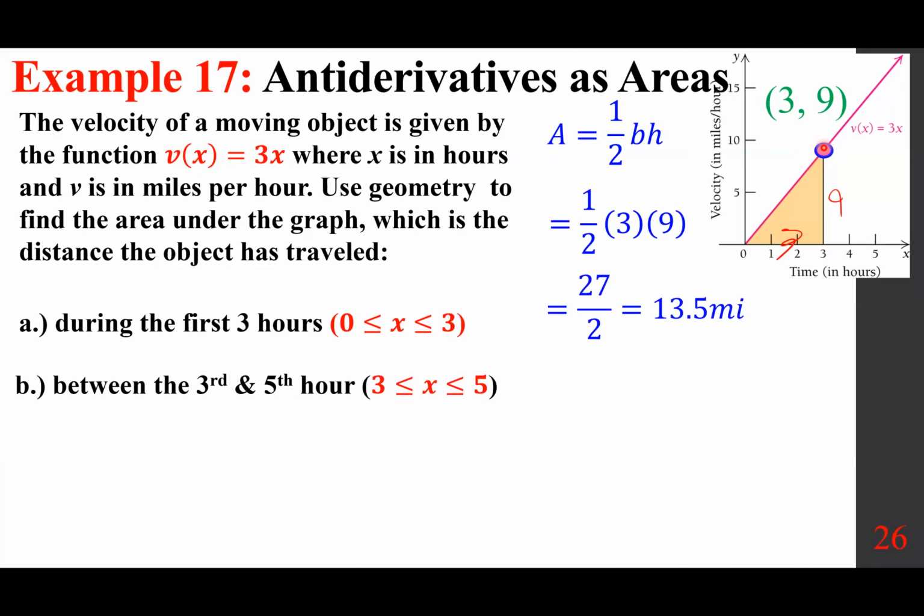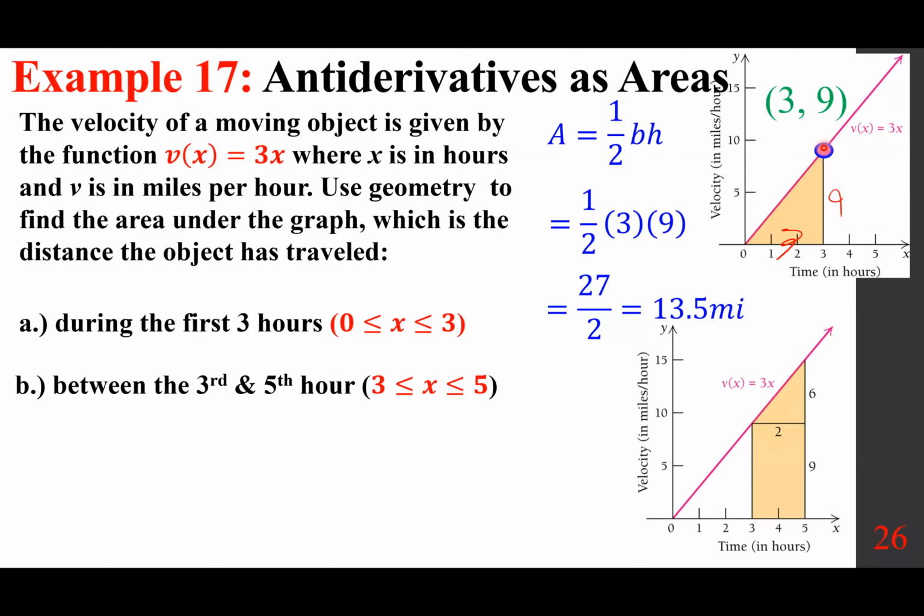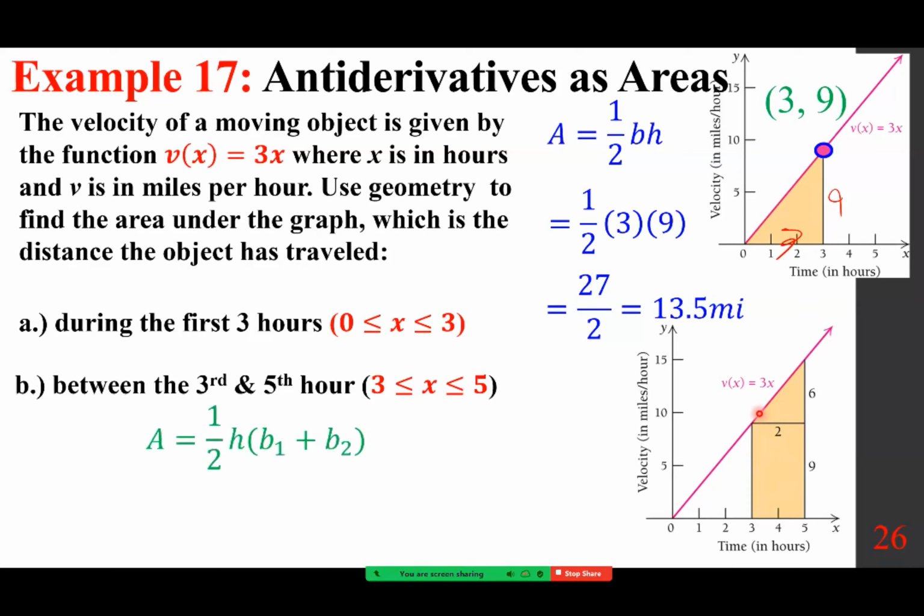What about between the 3rd and the 5th hour? So we do the drawing. We have two choices to calculate this area. We can calculate the area of this triangle and this rectangle and add them up, or we notice this is a trapezoid. The formula is half of the height times b1 plus b2. The height is 2. Look at this one. The height is 2. This is b1.